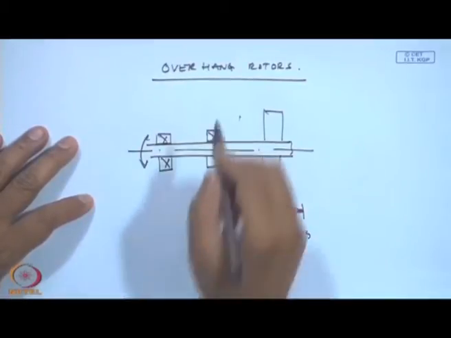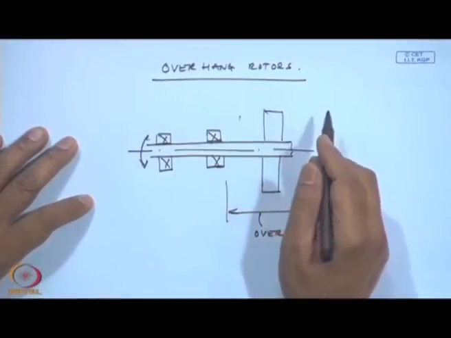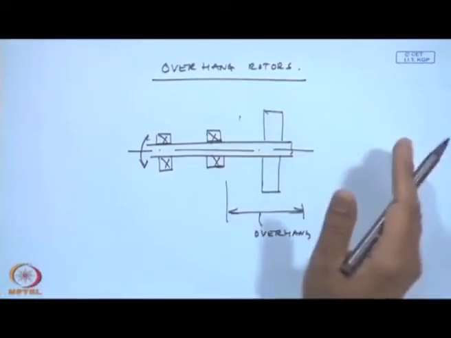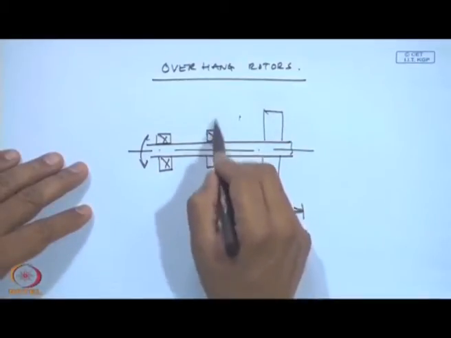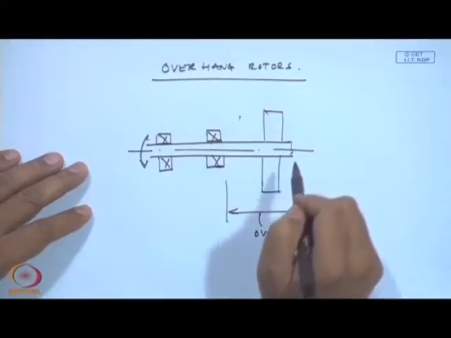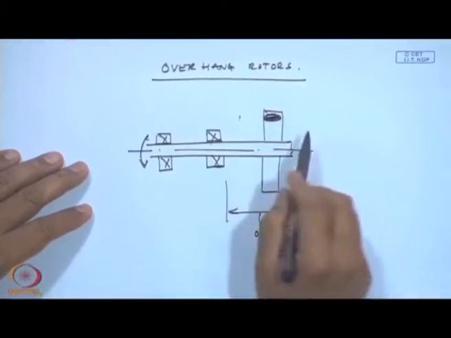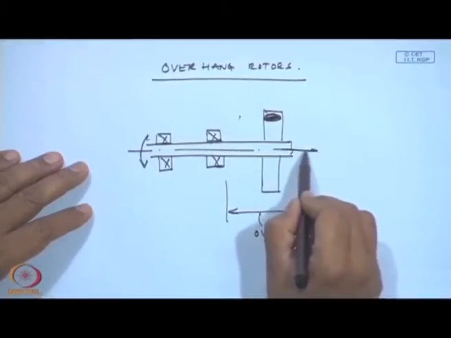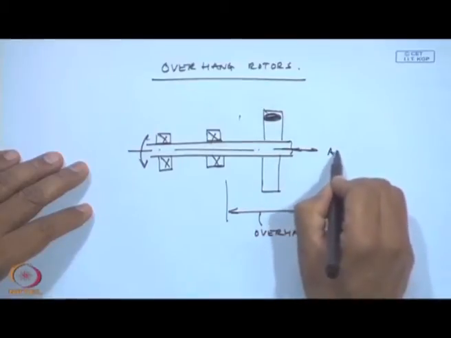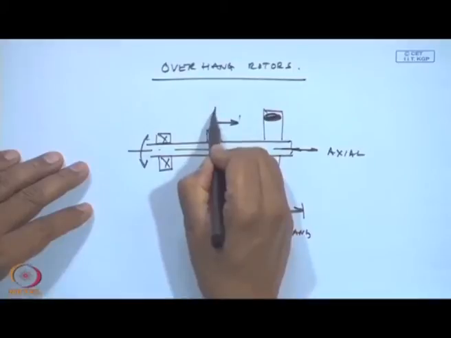Now, in the previous example, when the shaft was supported in between 2 bearings, I had told you that there will be strong radial vibrations. In overhang rotor unbalance, there may also be strong axial vibrations, so this direction as well as this direction.